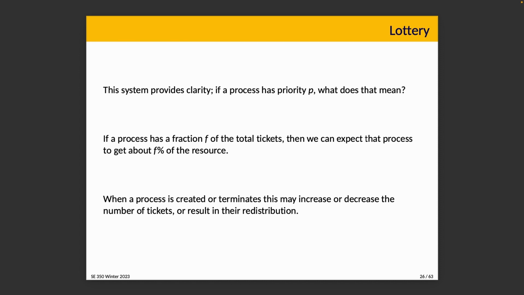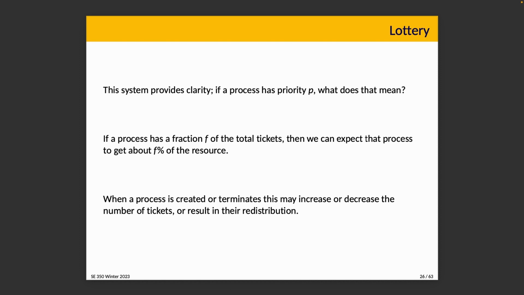Whereas if a process has a fraction f of the total tickets, we can expect it to get f% of that resource. So if f represents 30% of the CPU time, then in the long run, given sufficiently random lottery draws, that process will use about 30% of CPU time.